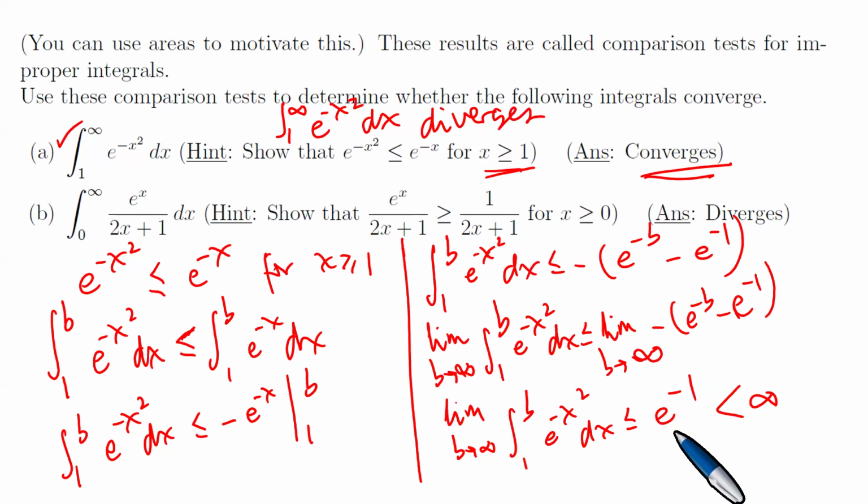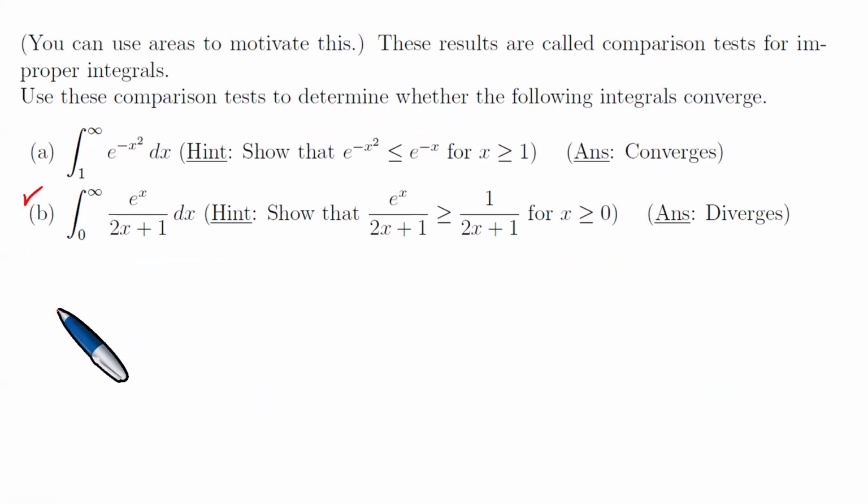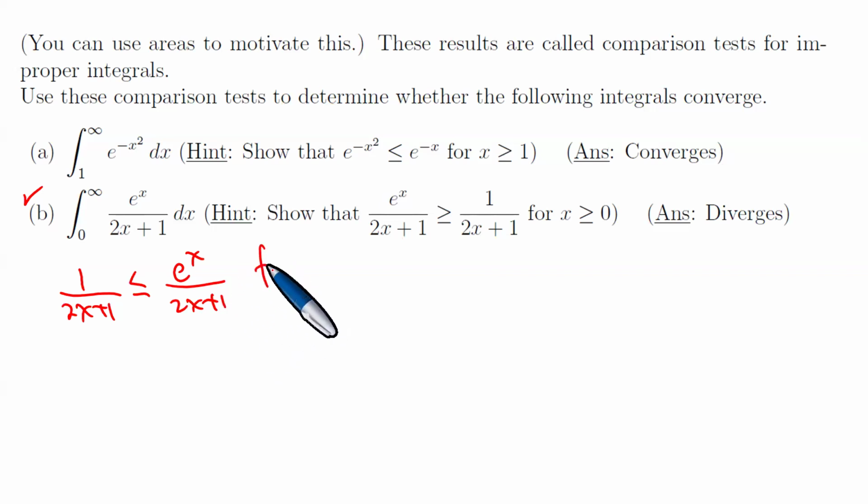Good. So we proceed as follows. So now you look at part B. So now this part B is, you can write first, 1 over 2x plus 1 is less or equal to e to the power x over 2x plus 1 for x bigger or equal to 0.